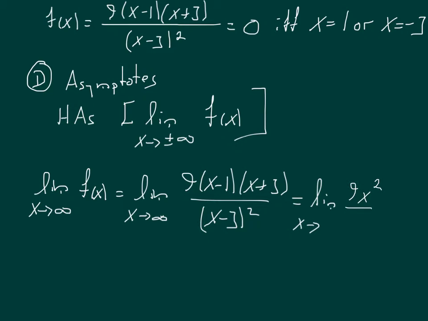And in the denominator, our highest power of x is again going to be x squared, dropping lower powers of x in the denominator. All right, now what's this? This is the limit as x tends to infinity of 9. And as x gets big, 9 means that it's 9. All right, so as x tends to infinity, f of x tends to 9.